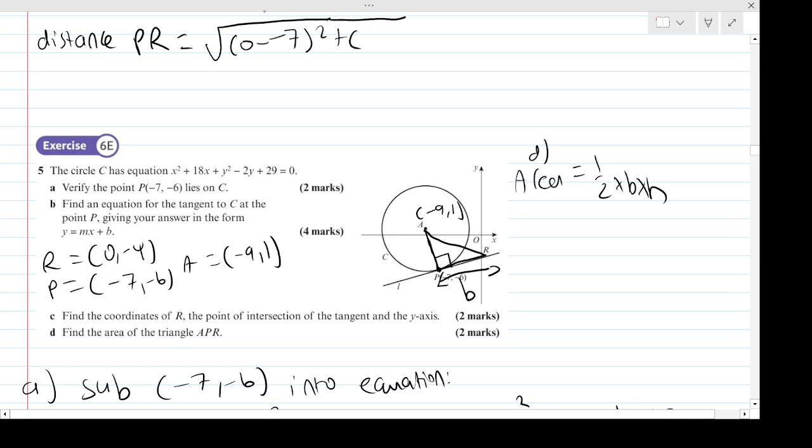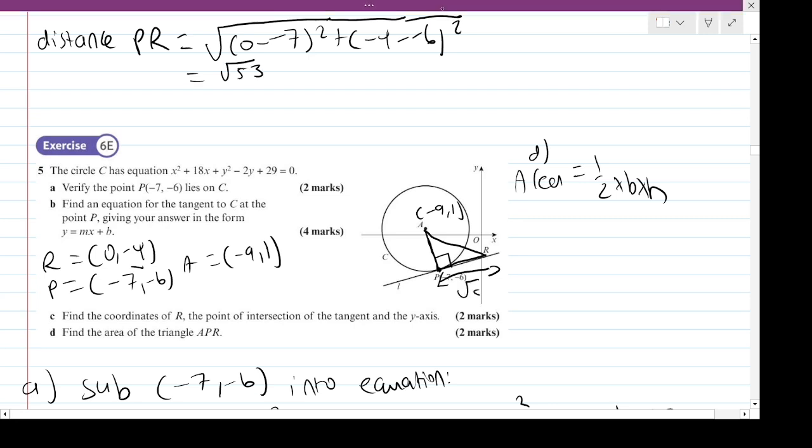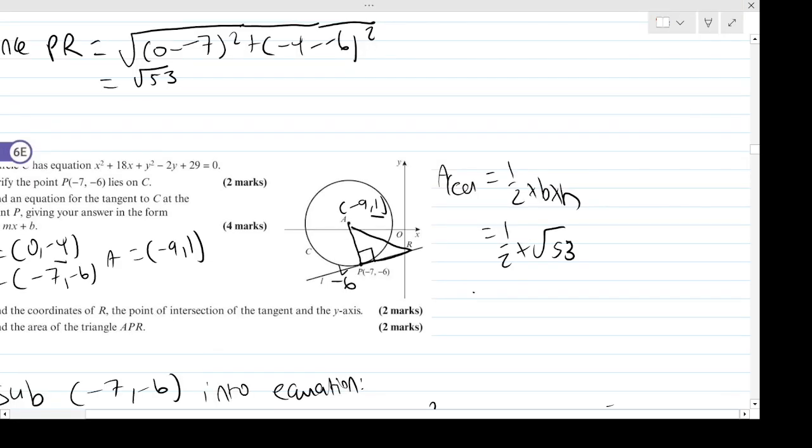So if I do minus 4 take away minus 6, all squared, and put that in the calculator, 7 squared add minus 4 plus 6 all squared, gets me root 53. Okay, so that's the distance PR, so that's the base of root 53. So I could say that's a half times root 53. Okay, and so then we need the height.